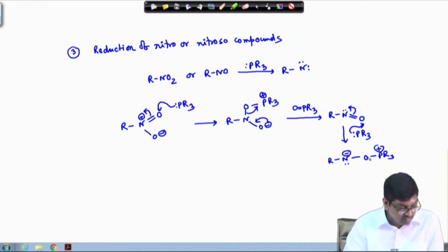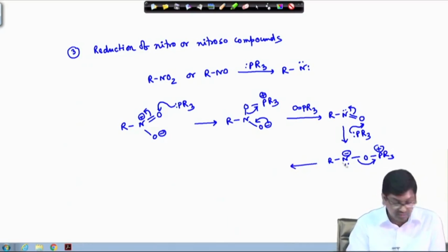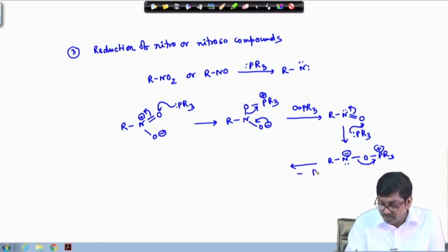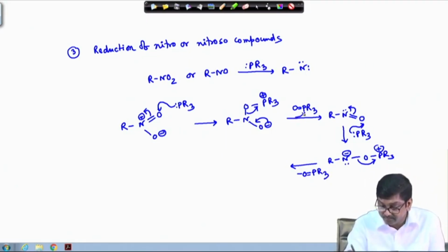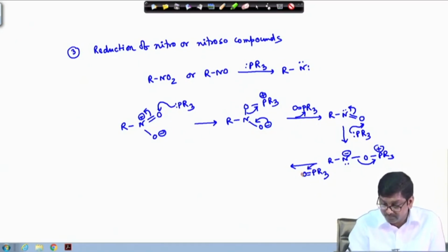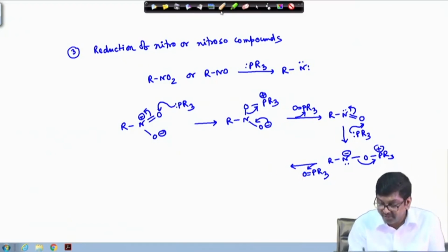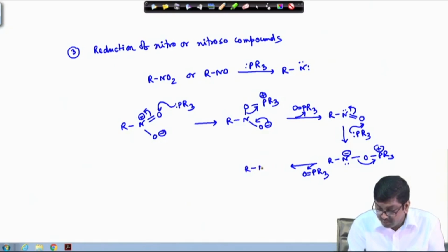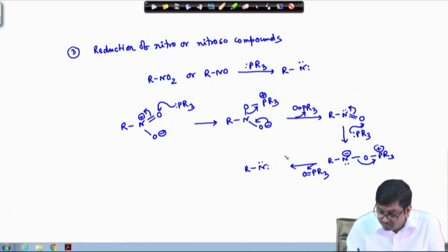Okay. And now, the alpha elimination, again due to the affinity towards this phosphorus oxygen bond, okay. So, now this will generate the corresponding nitrene moiety.